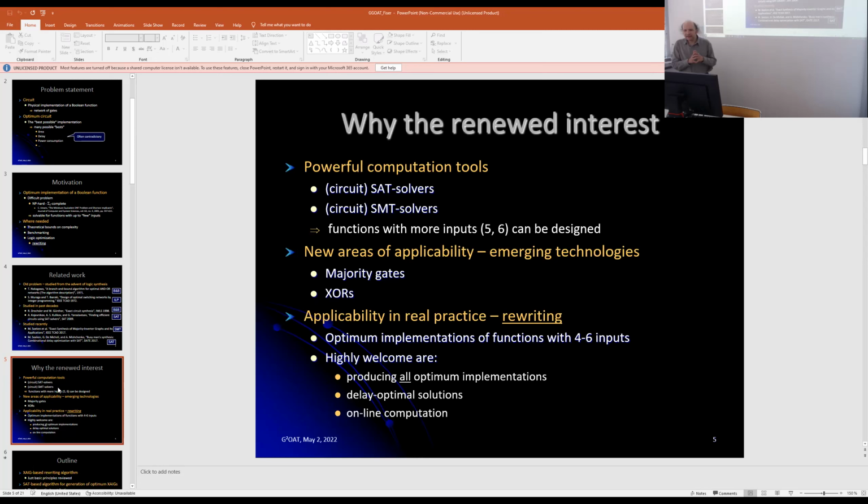So that's why, yeah. The second reason for the renewed interest is that we have very efficient SAT solvers and very efficient SMT solvers right now, especially so-called circuit solvers, because those instances coming from designing circuits are somehow special. They are not that difficult.